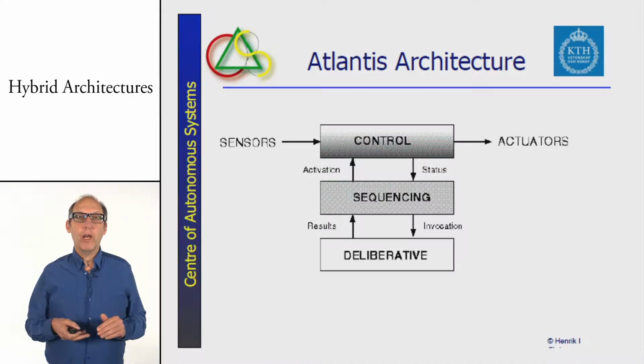Below that, you have a sequencer that constantly builds up a pipeline of commands that could be done next, and which actions to take next is decided by a deliberative planner.